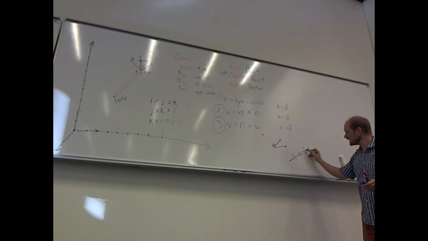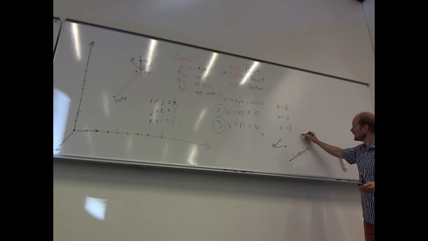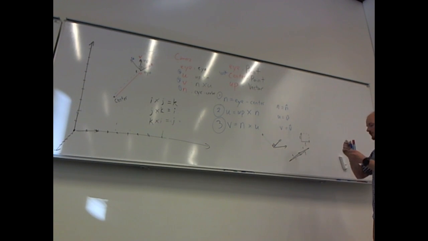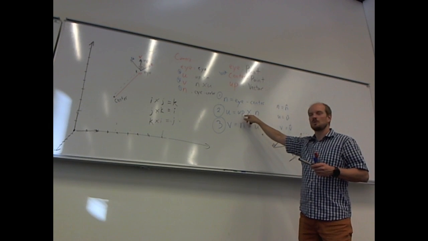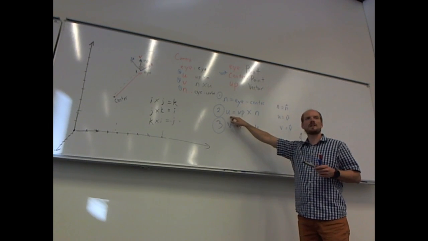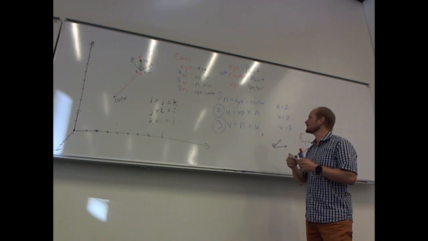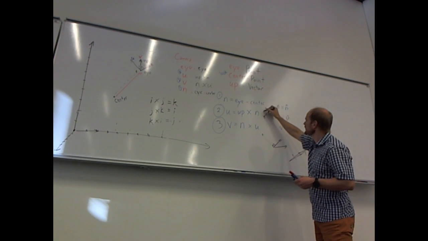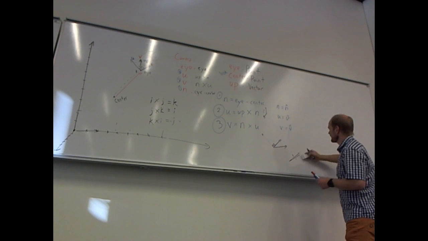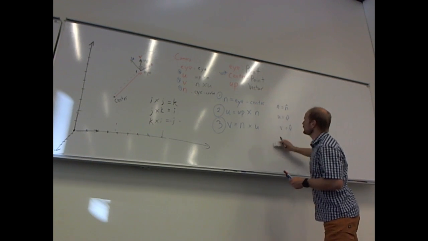So this area is only 1 if we actually have a square with sides of length 1. But it's the correct idea anyway. We can't do it with up. If up is a unit vector, we can't trust that u will be unit length because up and n aren't perpendicular to each other. We'll have an n that's like this, u might be like this, then this area is smaller. However, it does hold true here in the last step.